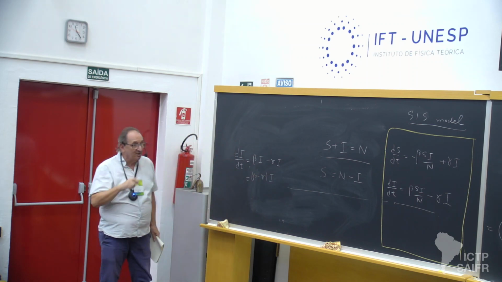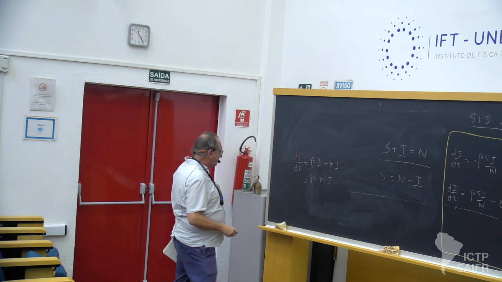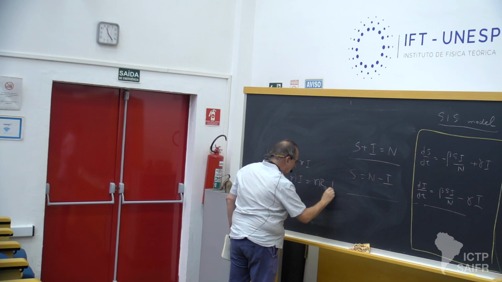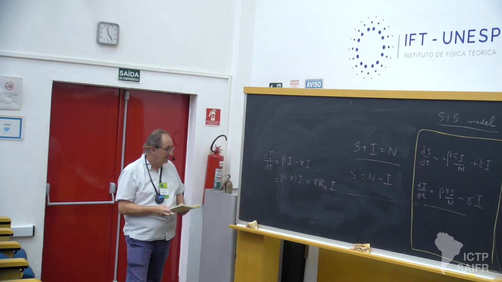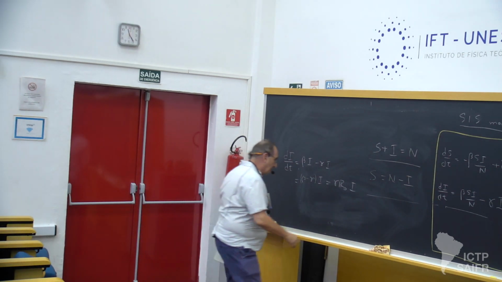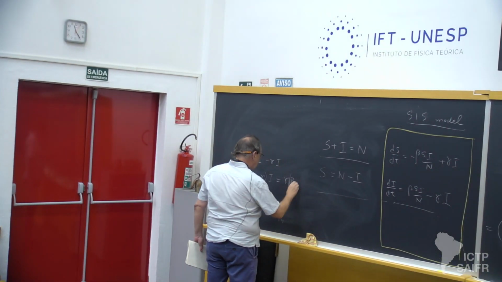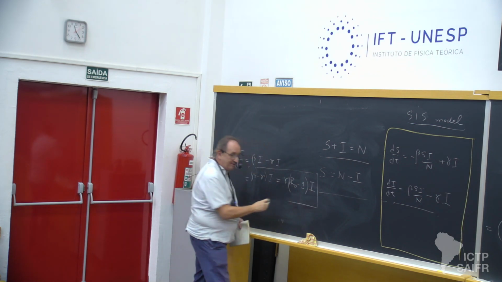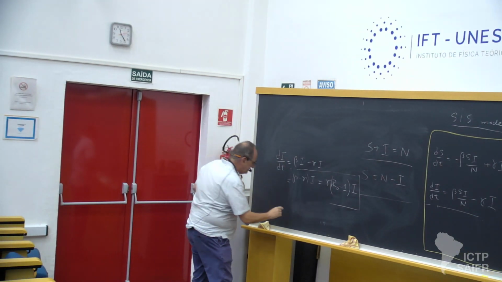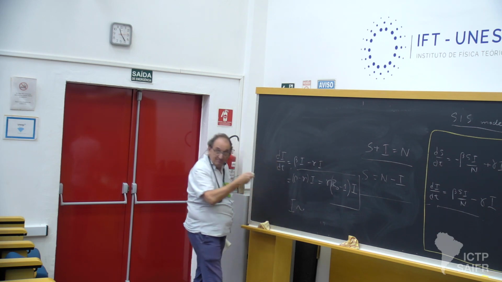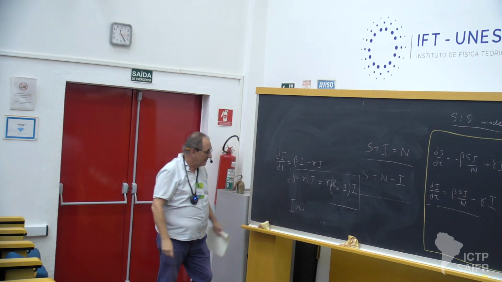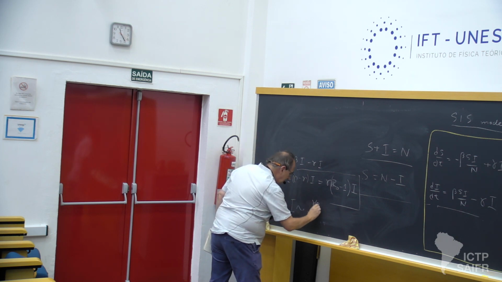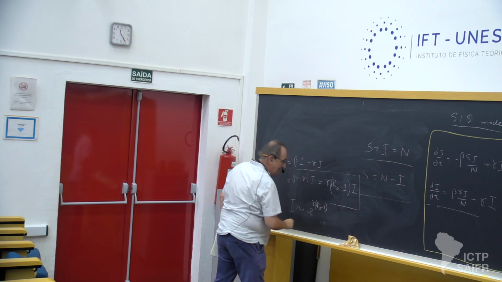Okay, so which is equal to gamma times R0 times I. Okay, and no, wrong. Gamma times R0 minus 1 times I. So this equation is a linear equation, and we know that the solution to this equation, I, is proportional to e to the gamma times R0 minus 1 times t.